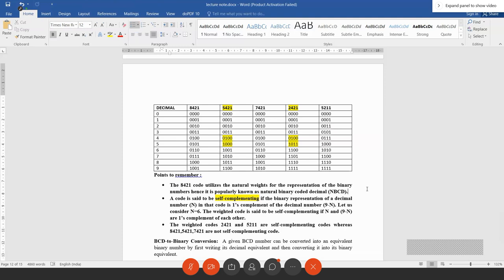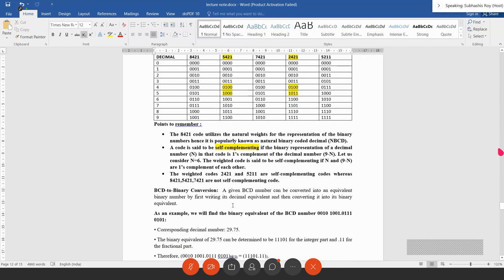So here, among the weighted codes, 2421 and 5211 are self complementing, whereas these others are not self complementing codes. I hope you are not giving the answer from this note, and that you have already calculated it by yourself. Okay, let me go to the next part.